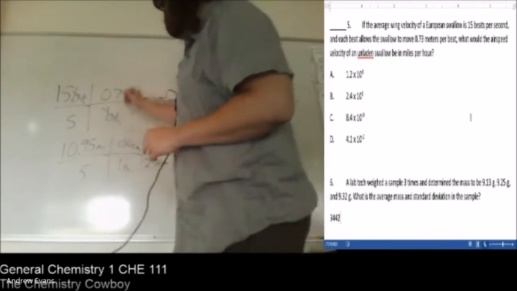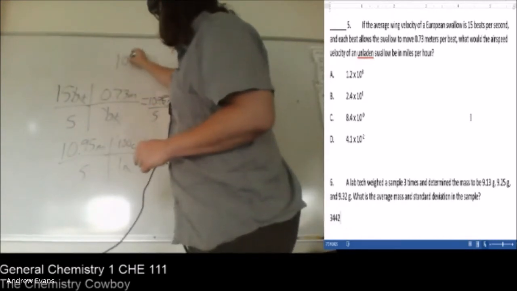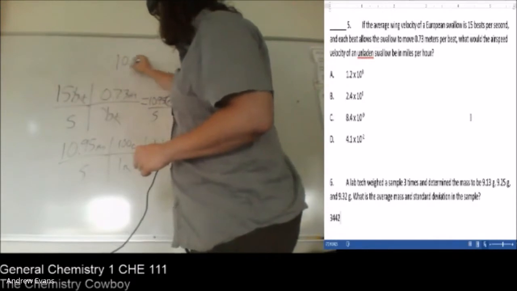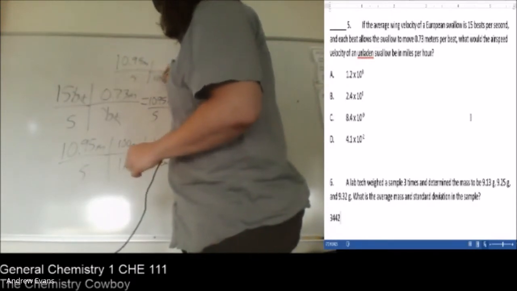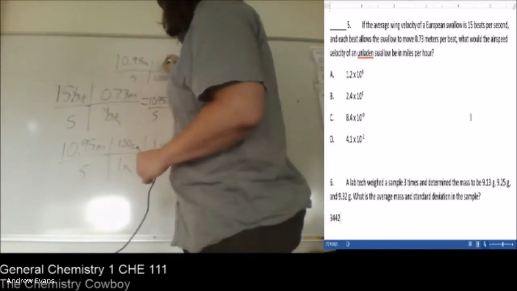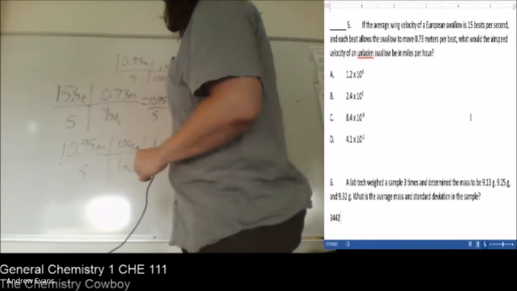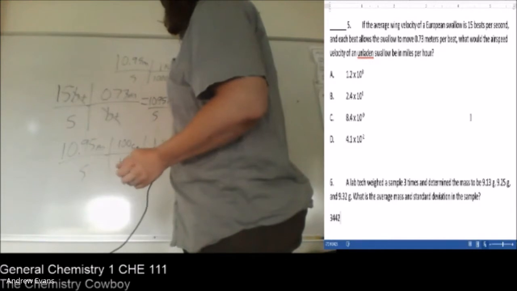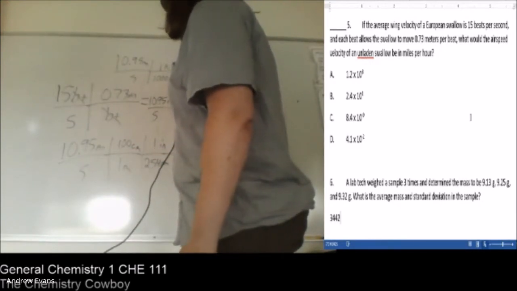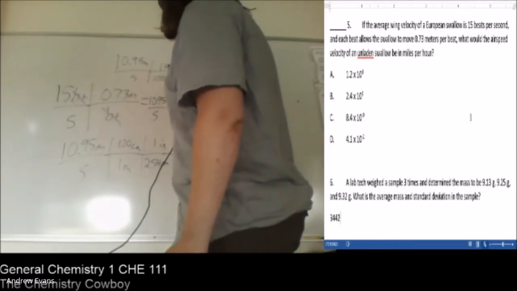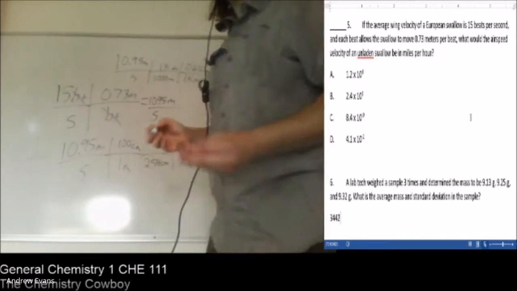So the other way is you could go 10.95 meters and say, there are 1,000 meters in 1 kilometer. And in 1 kilometer, there's approximately 0.62 something miles. I don't know this conversion right off the top of my head.